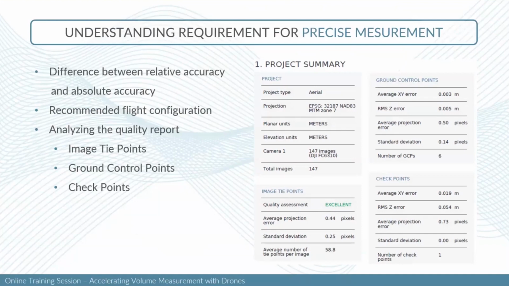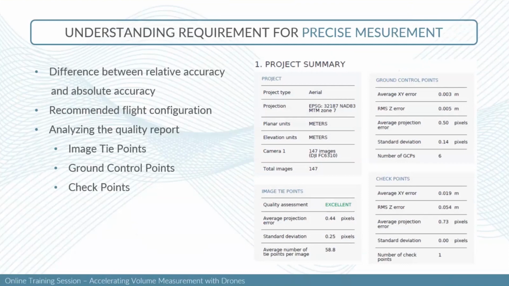Also, when we talk about accuracy, sometimes there's a misunderstanding of the concept of what is really the accuracy of your project. Basically, the accuracy can be broken down into two types: the relative accuracy and the absolute accuracy. The relative accuracy states how well your block of images is all tied together.